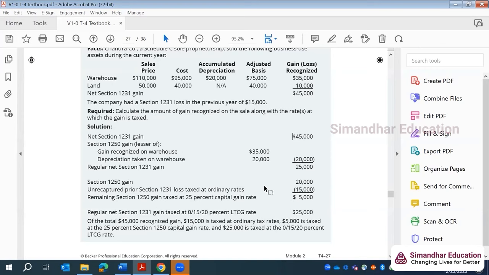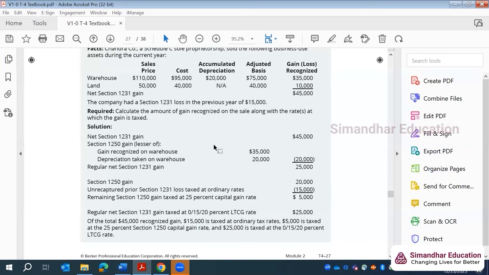Are we all clear? So in order to get a hold on this example, you will have to break the calculation into pieces. First, calculate the gain, then identify whether you have an overall section 1231 gain or an overall section 1231 loss. If you have a loss, then there is nothing needed. If you have a gain, then of this gain, you will have to identify how much is your section 1250 gain.